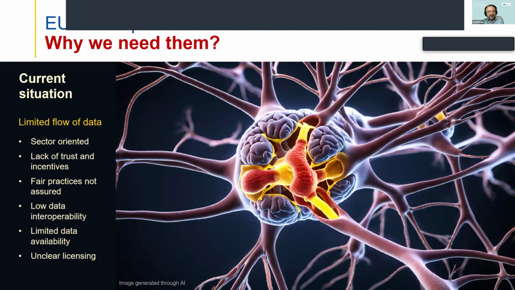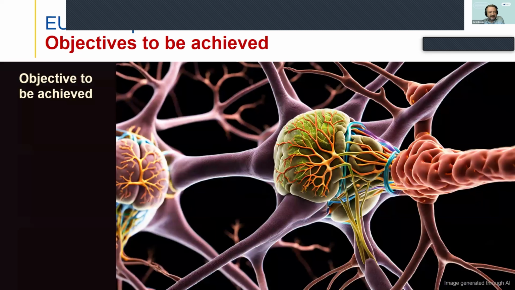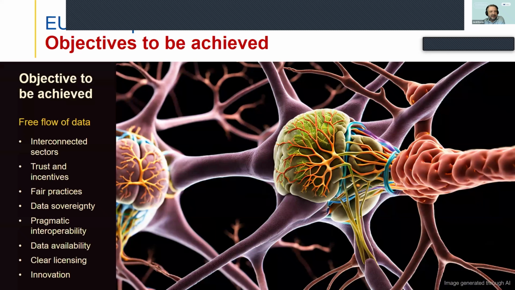There is often low data interoperability, limited availability of data, and unclear licensing. Probably you also, if you attended the past webinar on 12th of June, these issues were also explained. And the fact of proposing these data spaces is searching the objective to correct these limitations.